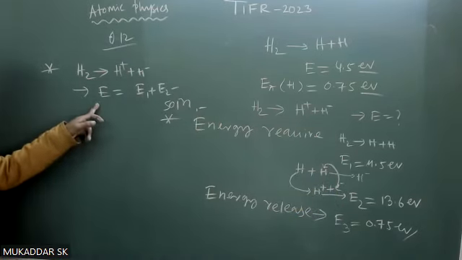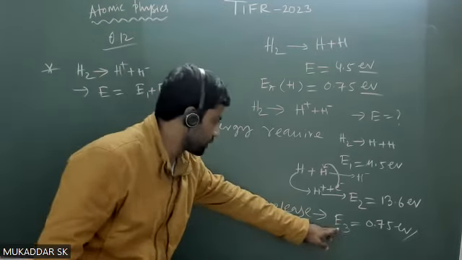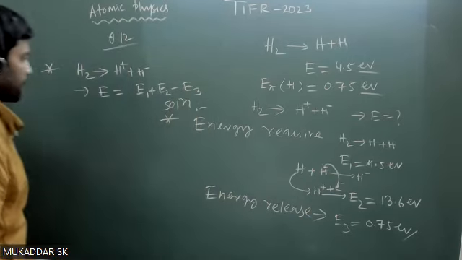So the net energy required is E1 plus E2, and since there is a release of energy E3, I have to subtract that: E1 plus E2 minus E3.